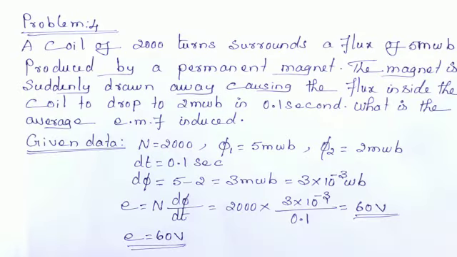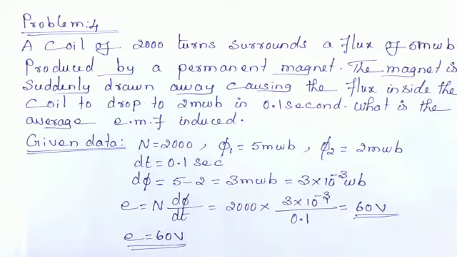Problem 4. A coil of 2000 turns surrounds a flux of 5 milliweber produced by a permanent magnet. The magnet is suddenly drawn away, causing the flux inside the coil to drop to 2 milliweber in 0.1 second. What is the average EMF induced?